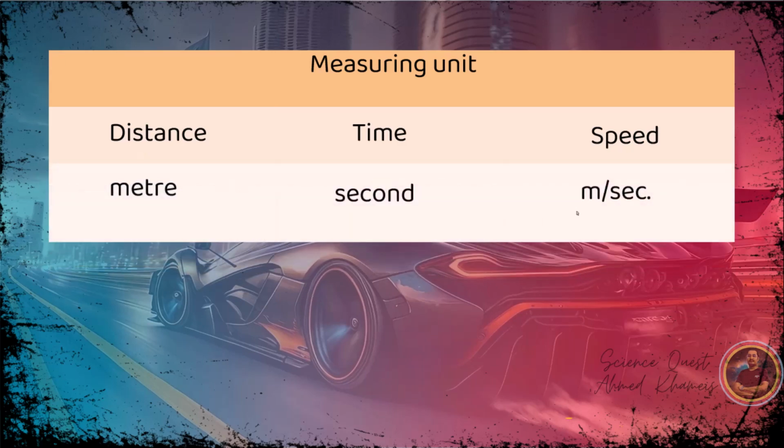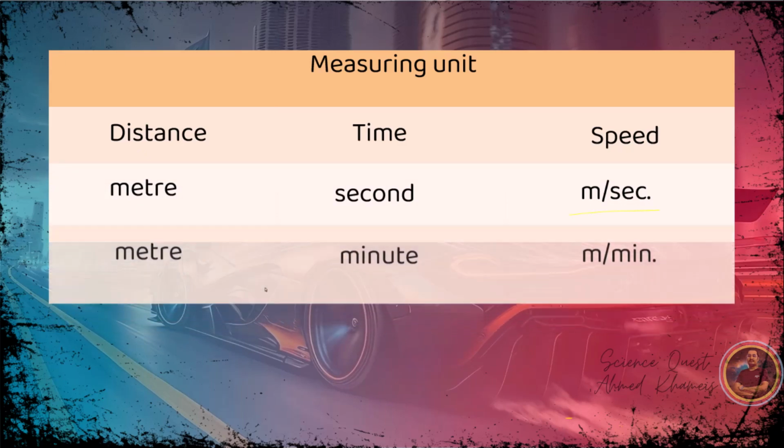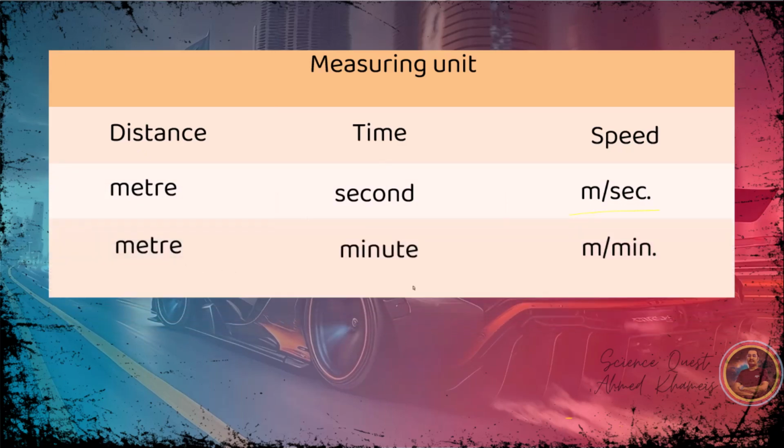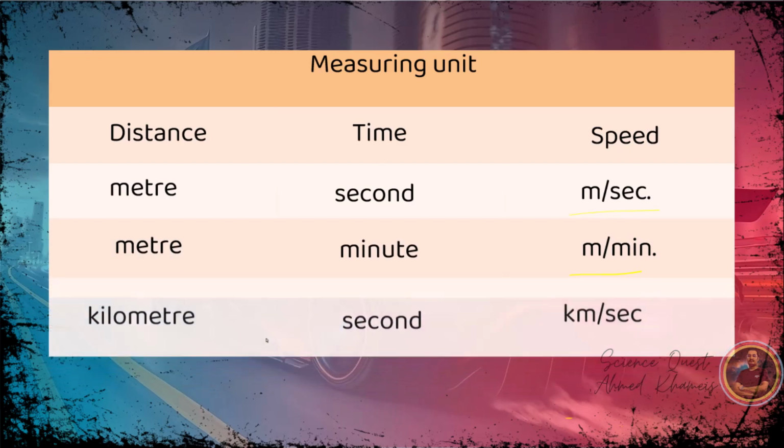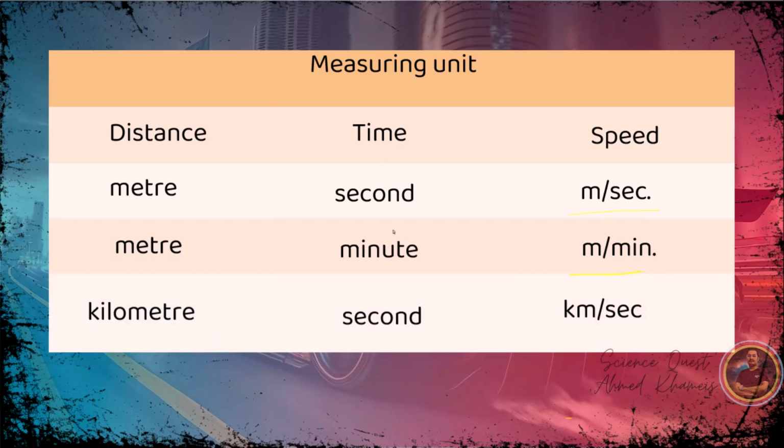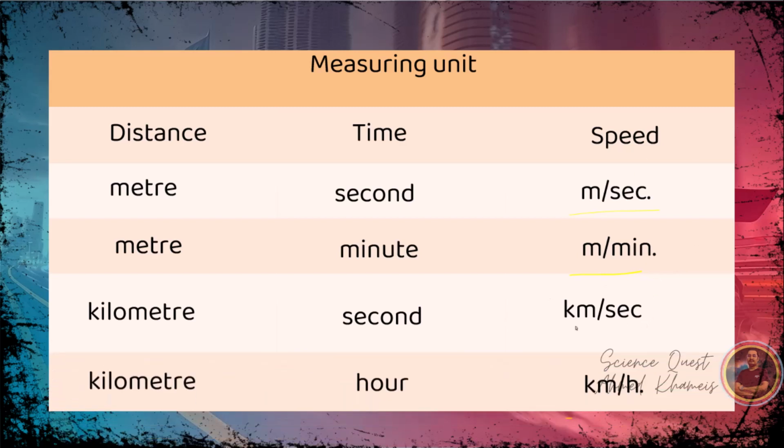We call it meter per second. Distance in meter, time in minute, so meter per minute. The distance in kilometer, time in second, so the speed will be kilometer per second. Or if the distance is in kilometer and we measure time by hour, the speed will be kilometer per hour.